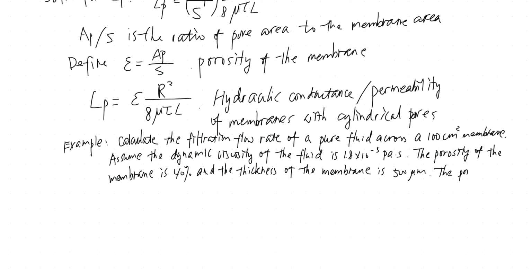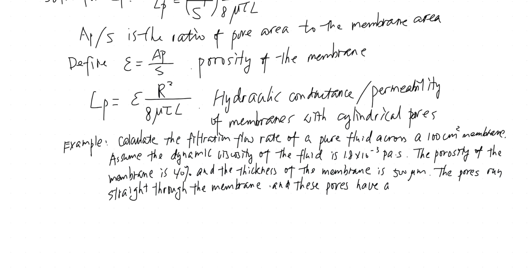The pores run straight through the membrane, and these pores have a radius of 0.225 micron.